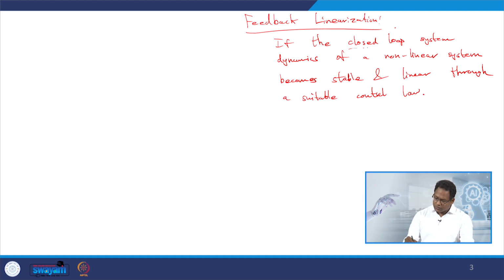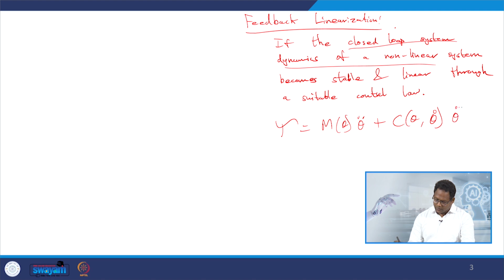If the closed loop system dynamics of a robotic system, say for example tau equal to M of theta into theta double dot plus C of theta comma theta dot multiplied by theta dot plus G of theta, is a system equation, which means it is a highly coupled nonlinear system dynamic equation for an n degrees of freedom robotic system.